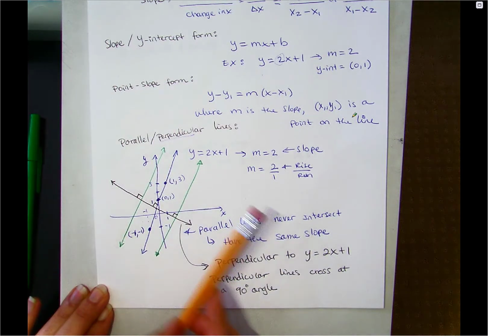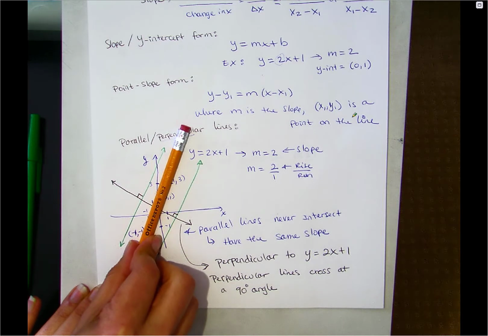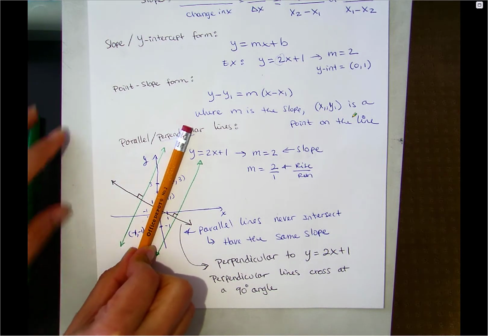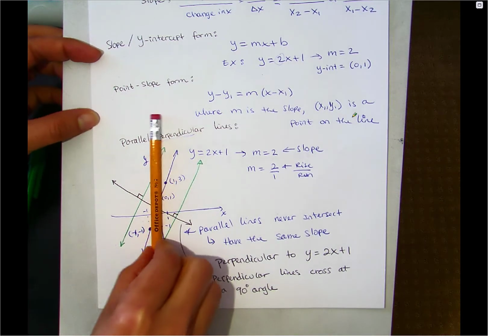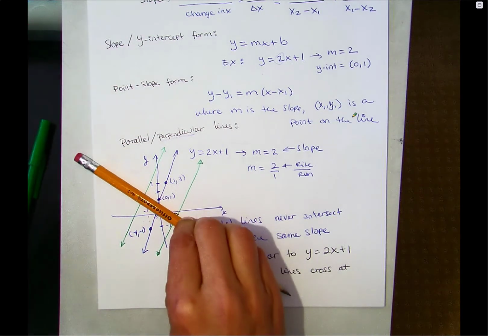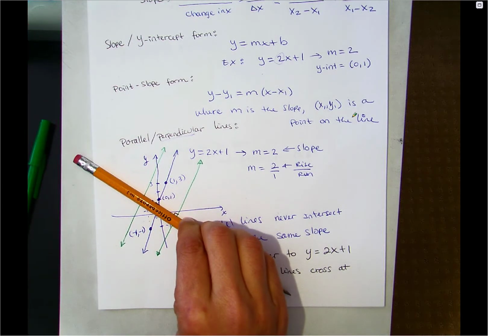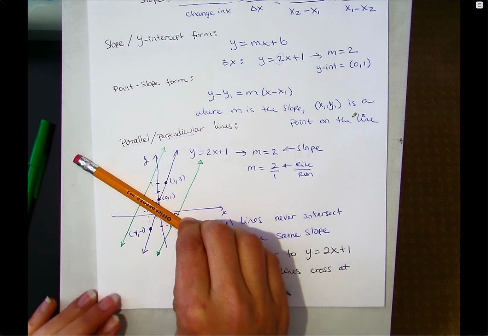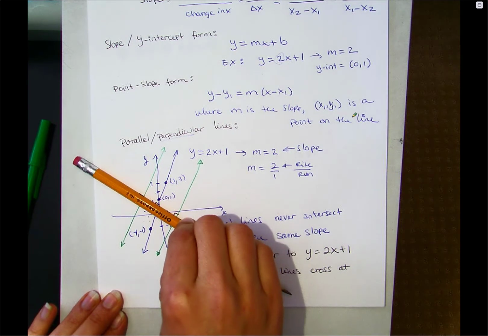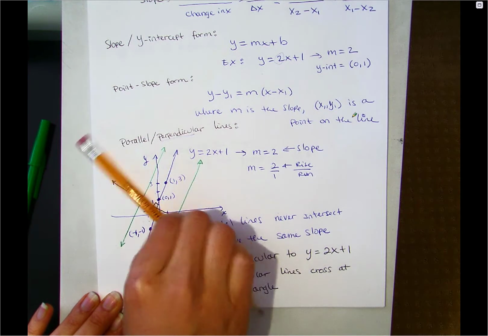So if you think about this blue line, if I rotate it 90 degrees, I get the black line, and so that's what makes them perpendicular. But that also says, remember what I said, that the x and the y values switch places.